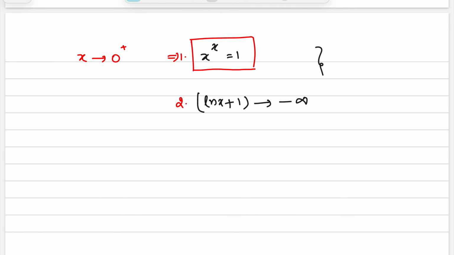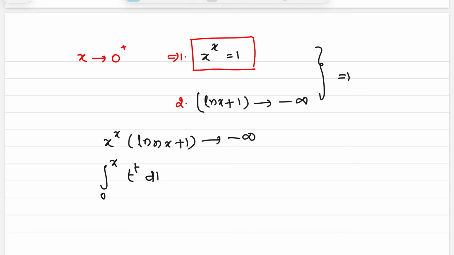These two combined give us that as x tends to 0 plus, x to the power of x into ln x plus 1 will be tending to minus infinity. And the integral 0 to x, sorry, let's not make a mistake here, of t to the power of t dt will be tending to 0 when x is in and around 0 plus.